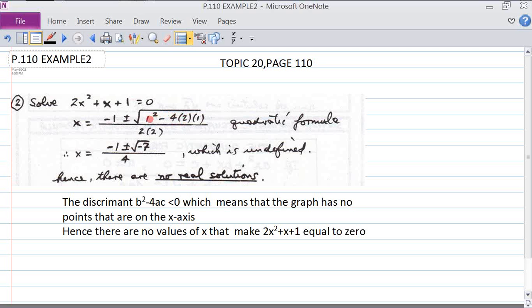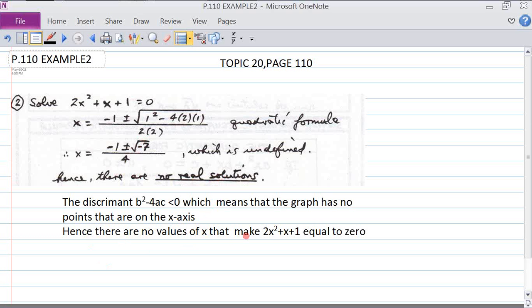If you look at the discriminant, it's 1 minus 8, which comes out to be minus 7. We can't take the square root of a negative number and get a real number solution. So this is undefined, and so the solution is undefined, so there are no real solutions.